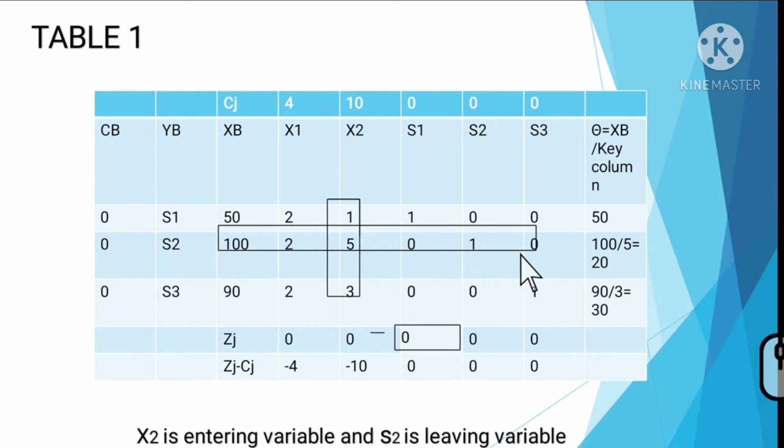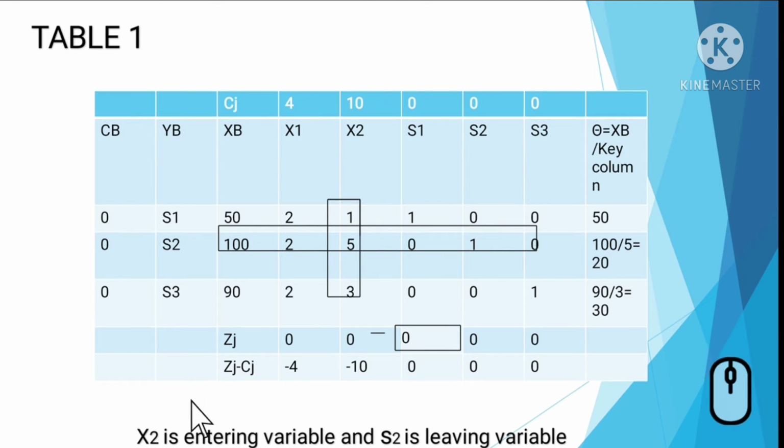Here the least value in theta is 20. So that row becomes the leaving variable. So S2 becomes the leaving variable. The least value becomes the leaving row, so S2 becomes the leaving row.